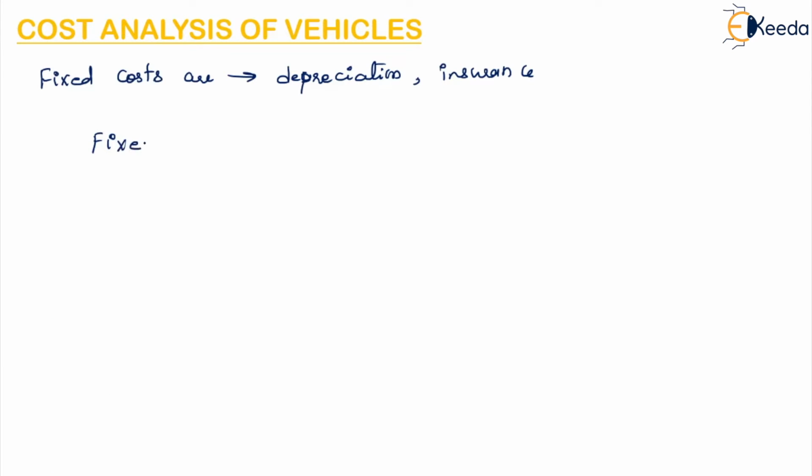So fixed cost. So example is vehicle purchase or lease. So what is the amount which we are paying when we are purchasing a vehicle? It comes under fixed cost. If you are taking a vehicle on lease, what is the amount we are paying?